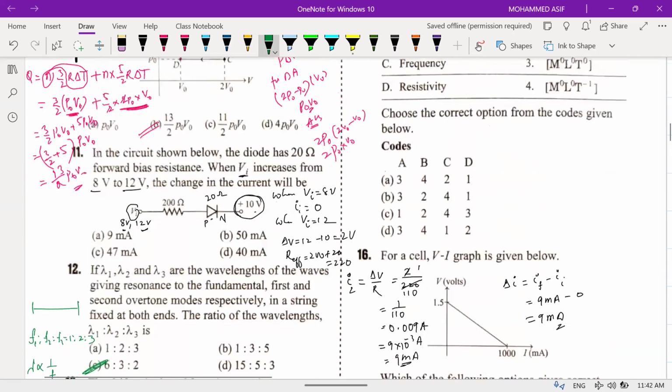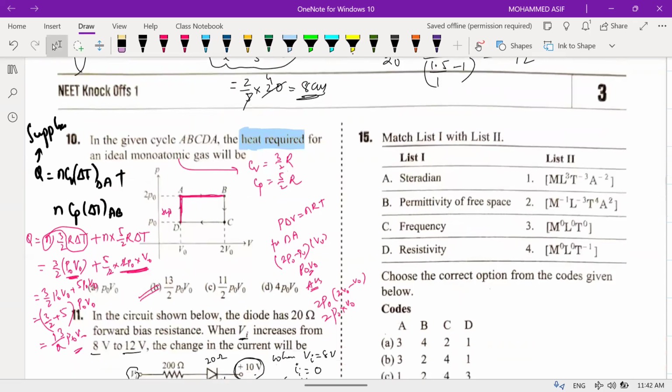Now this question you should tell me. Match list 1 with list 2. It is a units and dimensions question. Anyone do it and match it first.